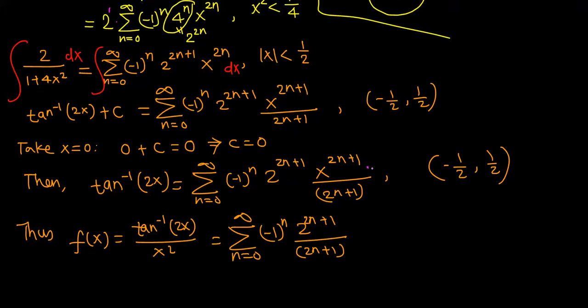So when I divide or multiply by 1 over x squared, we have the same base x, with exponent 2n plus 1 minus 2, so it becomes x^(2n-1). Okay, so the given function, tangent inverse 2x over x squared, is given by this power series, and this is valid on this interval -1/2 to 1/2. Okay, final.